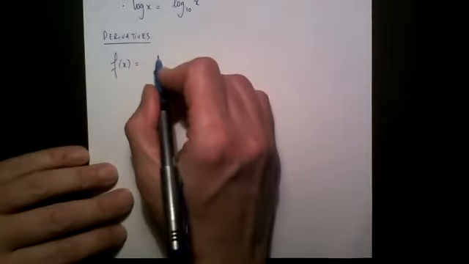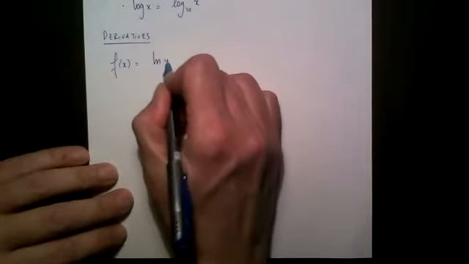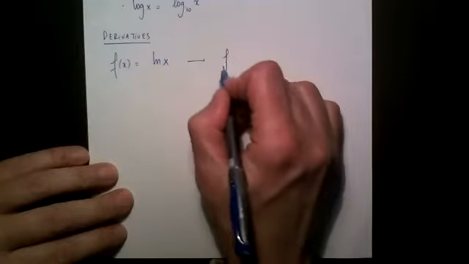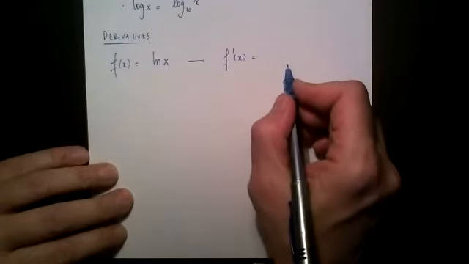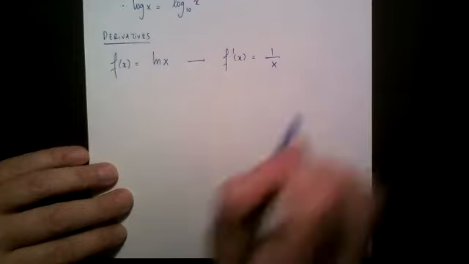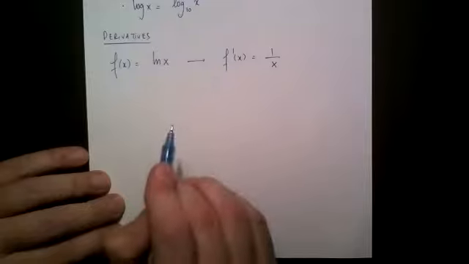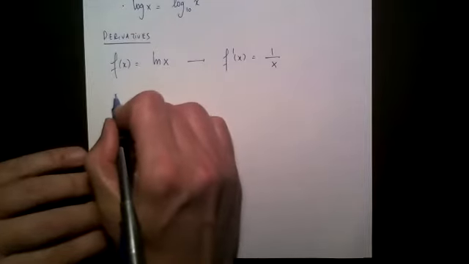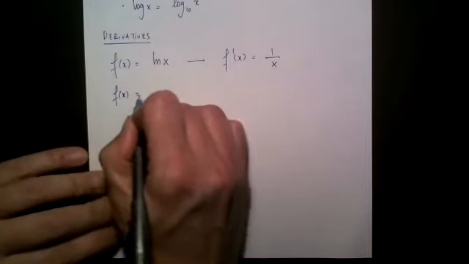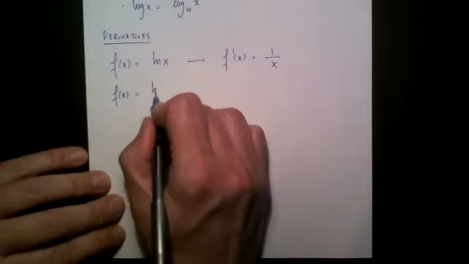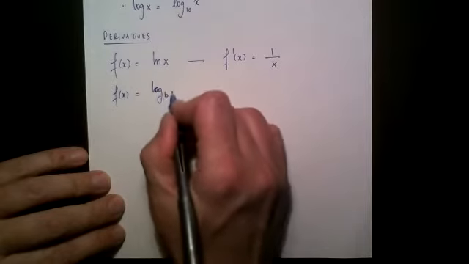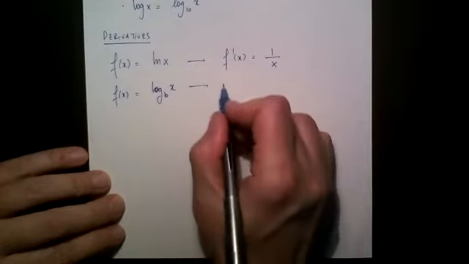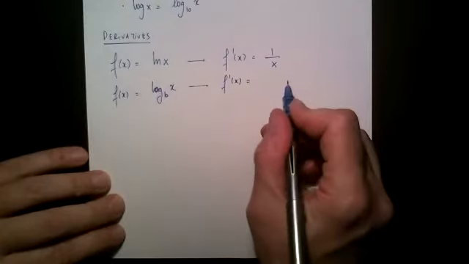If f of x is equal to ln of x, then the derivative will be, does anybody know this one? 1 over x. Yeah, the derivative of ln x is 1 over x. Second, let's say the base is not e. Let's say log in base a of x. What's f prime?